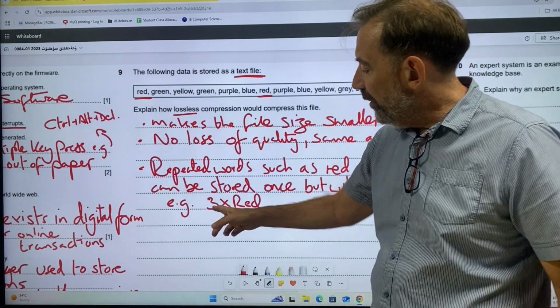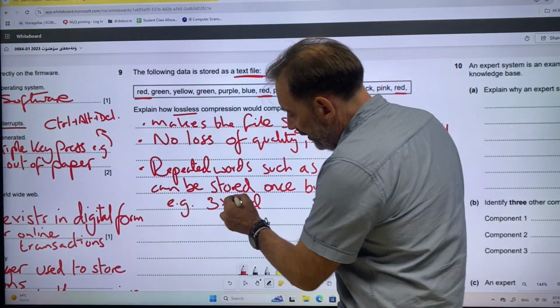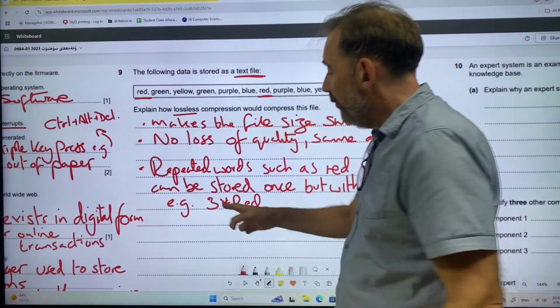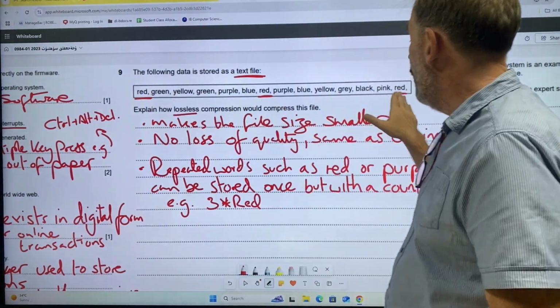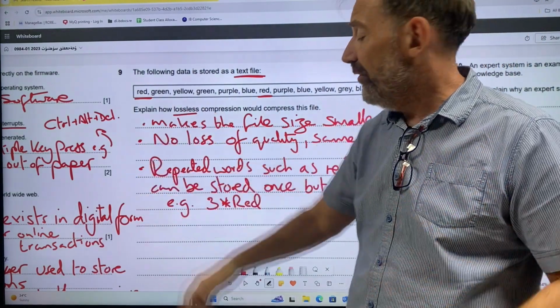That would be 5 characters as opposed to red, red, red, which would be 9 characters.